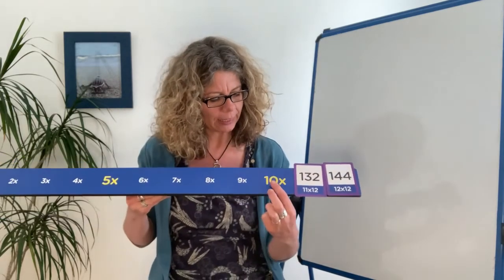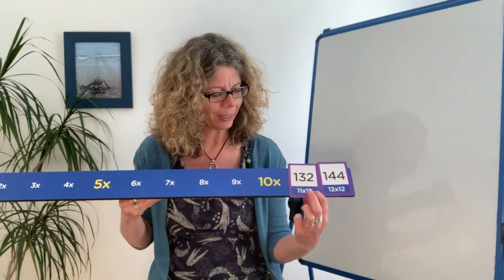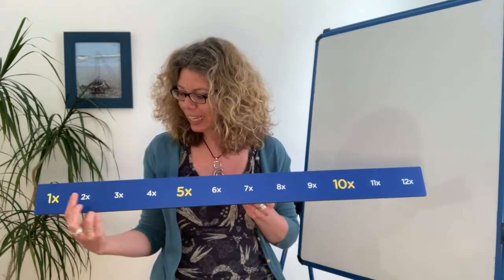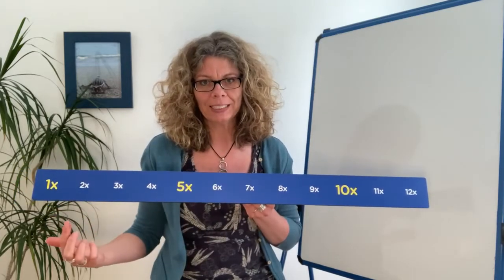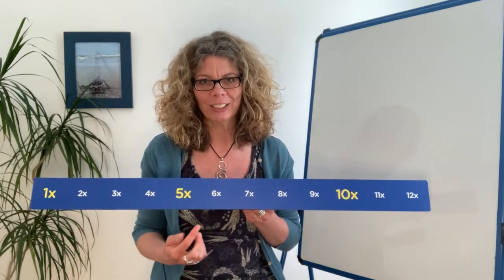We can take that one off and then come back to this landmark number to help us find 11 times and 12 times. And we can take those cards off. And now you're ready for the final challenge, which is to say all of the facts of your 12 times table without any cards on at all.